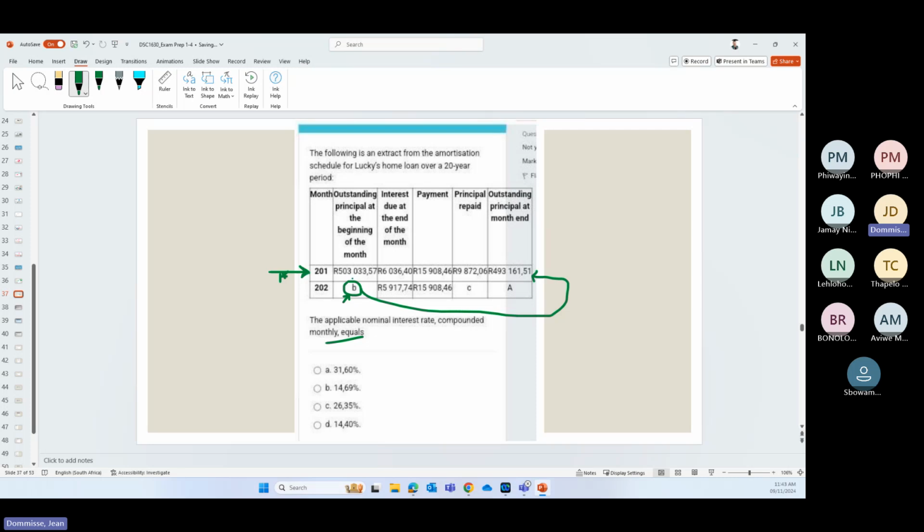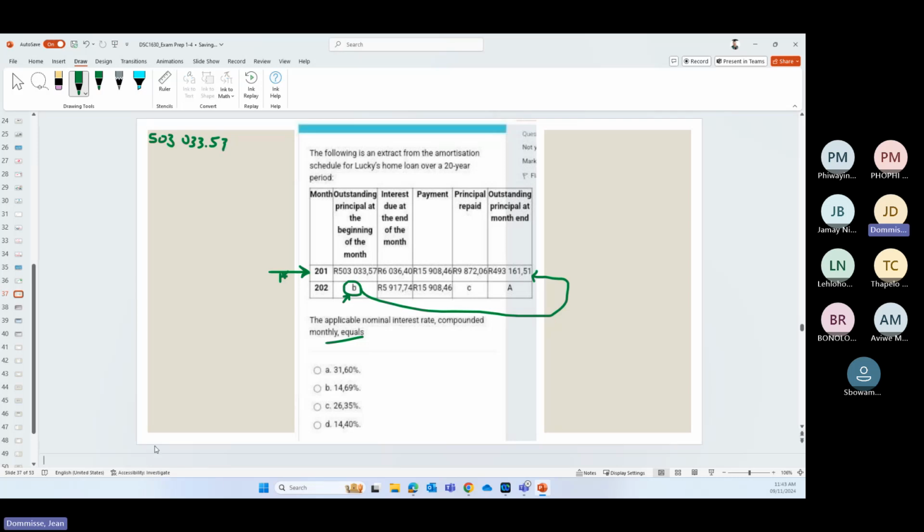So we know the outstanding amount is 503.57 for that beginning of a period. So that's what we owe.